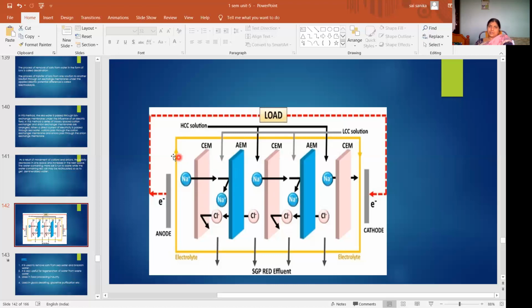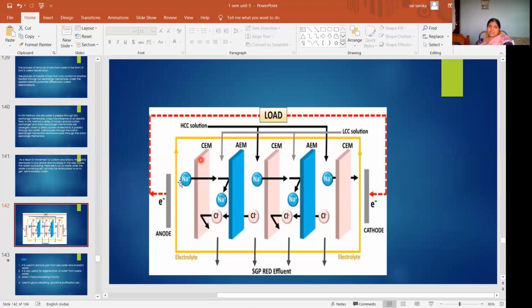What is the difference between desalination by reverse osmosis and desalination by electrodialysis? In reverse osmosis, we apply external pressure on the more concentrated solution, and then solvent molecules move through the semi-permeable membrane. Here, we are taking different concentrated solutions and ion exchange membranes, that is cation exchange membrane and anion exchange membrane.